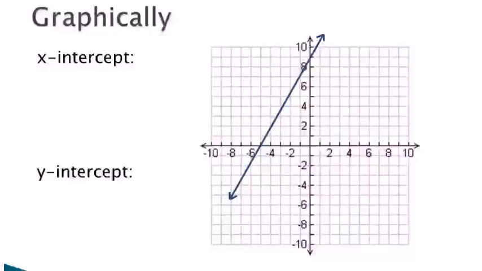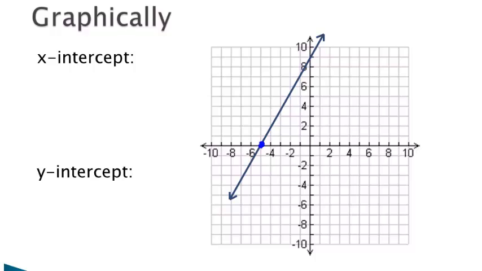So let's take a look at what x and y intercepts mean graphically. Take a look at the line graph provided on the right. In the previous slide, we said an x-intercept of the graph of an equation is a point where the graph intercepts the x-axis. Looking at this graph, we notice the line intercepts the x-axis here at -5. So there are two ways we can express this.